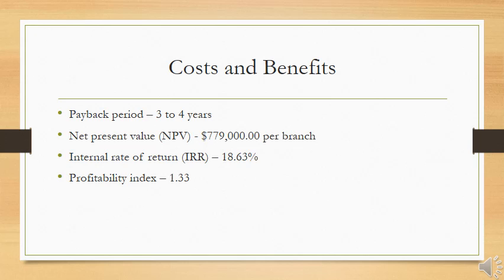It will be a nice addition to our revenue. And again, that is per branch, not globally. We have 10 branches globally, so we'd be looking at $7.79 million. It's not bad.